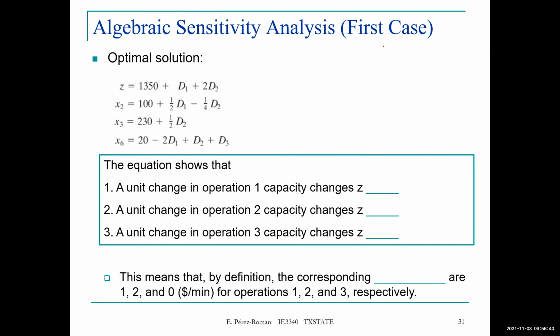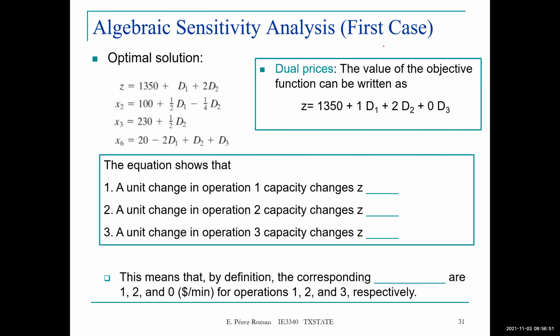So the optimal solution based on this information is giving us some information. For example, the dual prices or the shadow prices, the value of the objective function, can be written in this way. Z equals 1,350 plus 1D1 plus 2D2 plus 0D3.